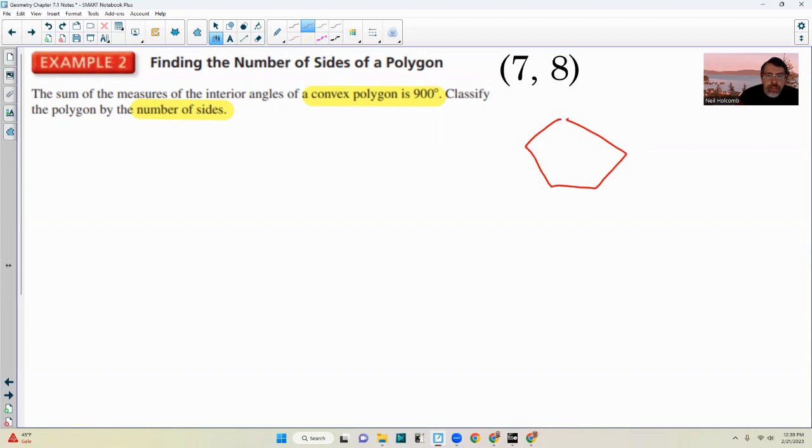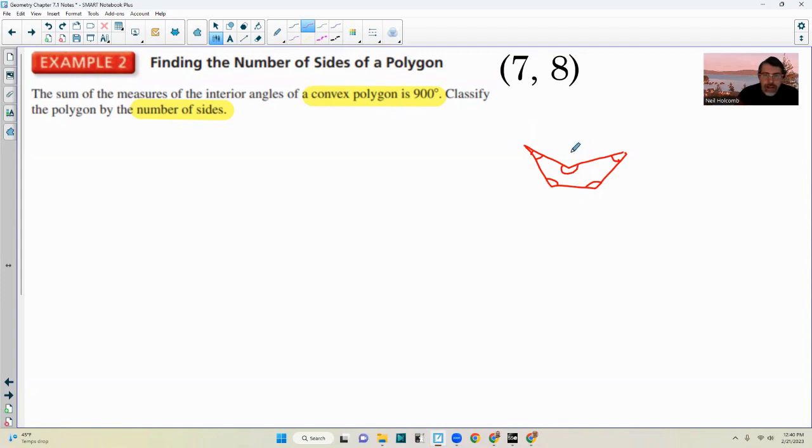Okay, any five-sided figure. If this angle and that angle and that angle and that angle and that angle are all opening up so that, how can I explain this? Well, let me explain it this way. I'll show you what would make it concave. So if I take this convex polygon and then go in like this and back like that, so now that's acute and it was obtuse, and now this angle is greater than 180 degrees.